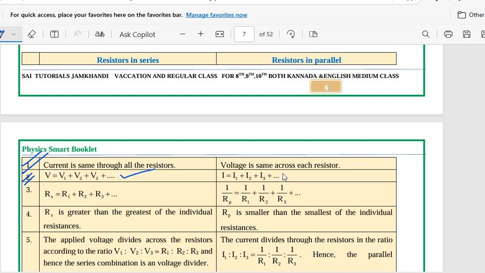But in case of parallel resistors, I = I1 + I2 + I3. And for resistance, the total resistance in series combination is Rs = R1 + R2 + R3 and so on. But in case of parallel combination, the total resistance is given by 1/Rp = 1/R1 + 1/R2 + 1/R3 and so on.